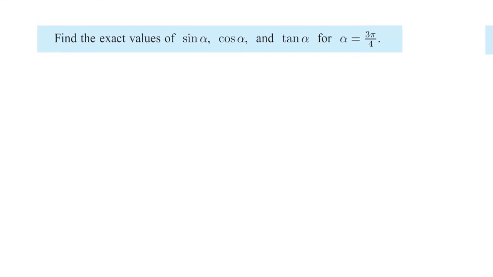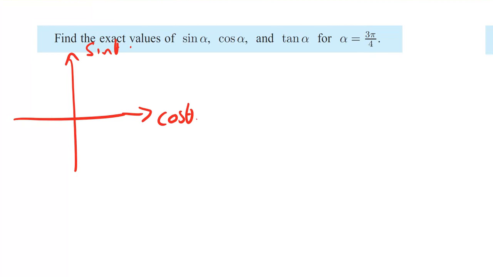Example 2. Find the exact values of sine alpha, cosine alpha, and tangent alpha, for alpha being 3 pi over 4. So first of all, let's draw a picture of the unit circle again to visualize what's going on here. So we've got our cosine theta axes and we've got our sine theta axes.